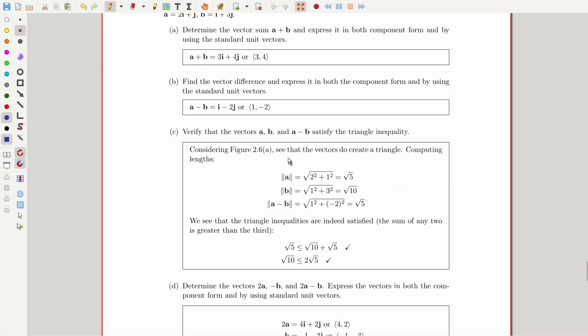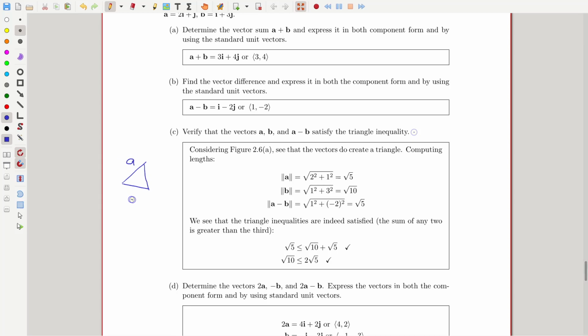Okay. Now part C. So this is the thing about the triangle inequality. So first of all, we should just do a sketch to recognize that these three vectors form a triangle. Okay. So I think in the text it looked pretty much like this.